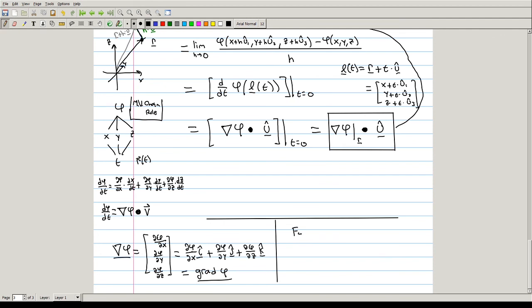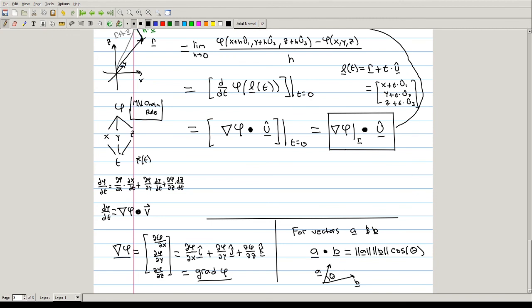For two vectors A and B, the dot product of A with B is equal to the length of A, the magnitude of A, times the length of B, multiplied by cosine of theta, where theta is the angle between the vectors A and B. This is how we define projections and projection vectors and so on.